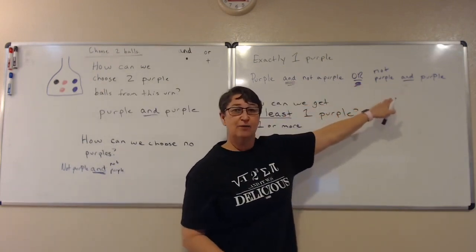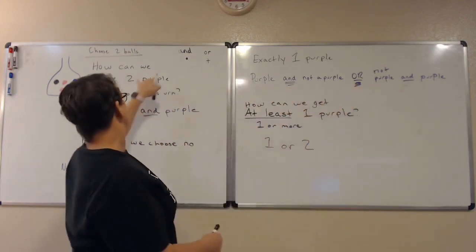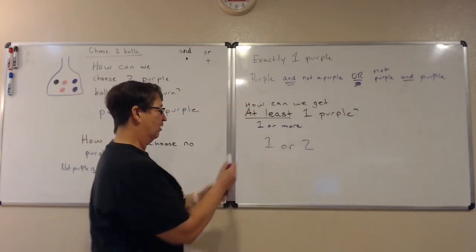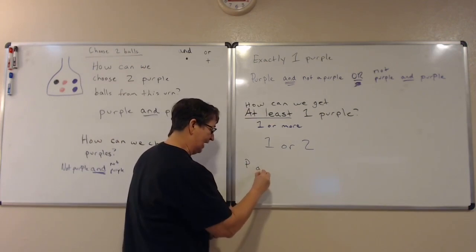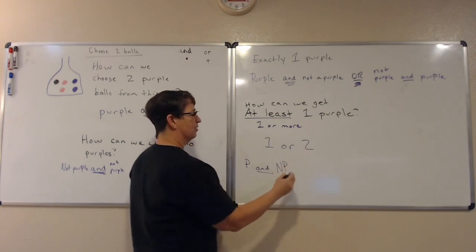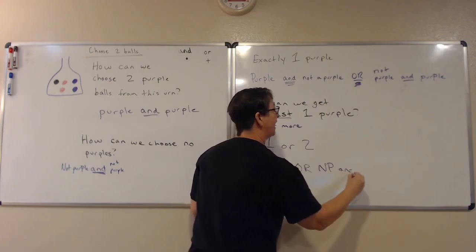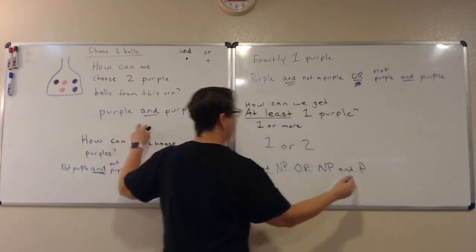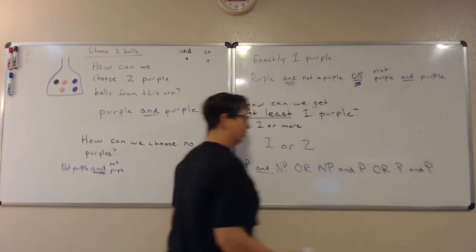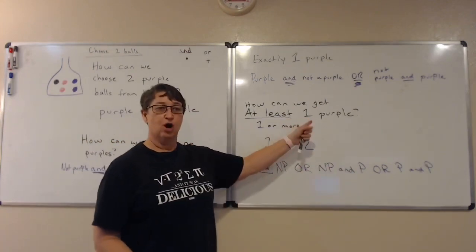So again, using my words, or we could do it this way. In order to get 1, we could do a purple and not a purple, or we could do not a purple and a purple, or we could do a purple and a purple. So there are 3 different ways that I can get at least 1 purple.